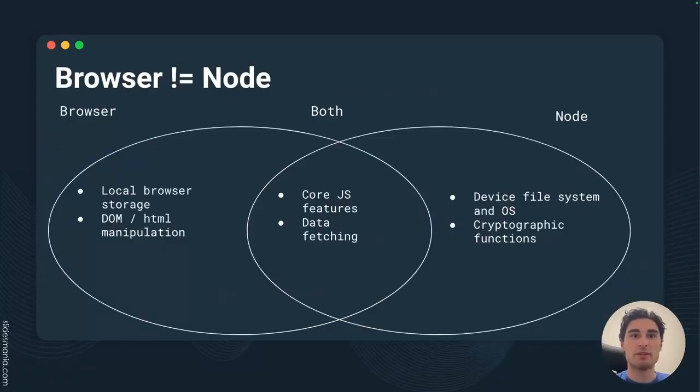Finally, it's important to note that although all of the core JavaScript features can execute both in the browser and in Node.js, there's a few differences to be aware of. To begin with, there's certain operations and certain APIs which are only supported in one environment or the other.